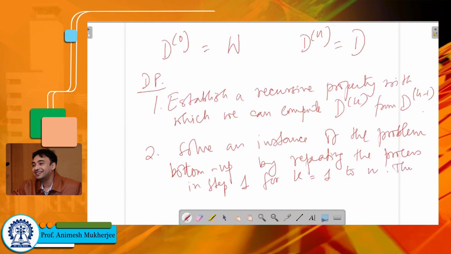So this creates a sequence D0, D1, D2 up until Dn, where D0 is W and Dn is D. You start with D0 and you end in D.